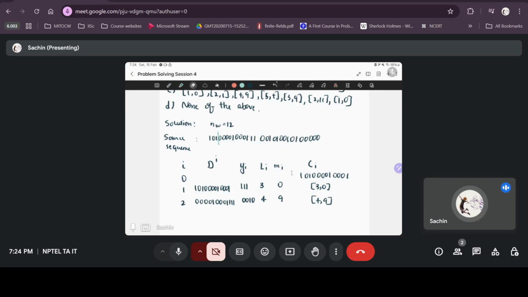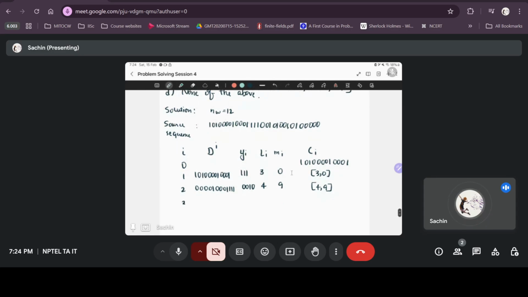Now you have to update your dictionary by removing the first 4 bits, 1000 11, and you have to add the substring 0010 to it. Now your dictionary is this part.